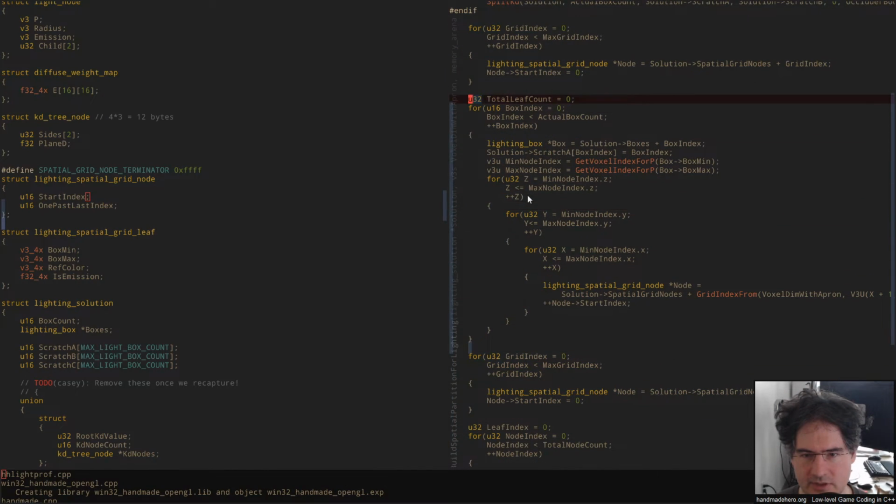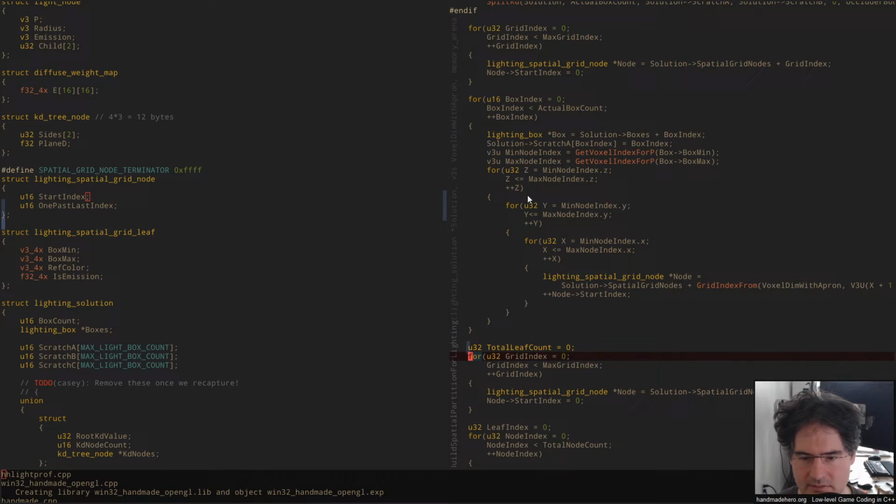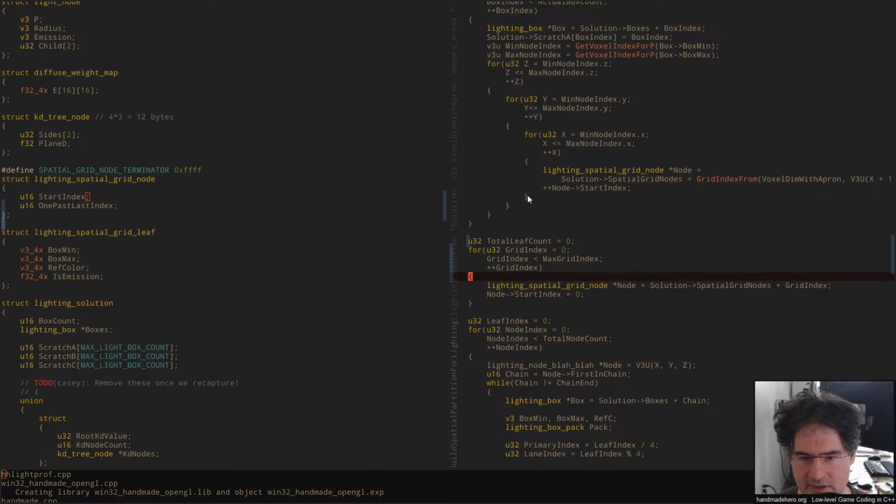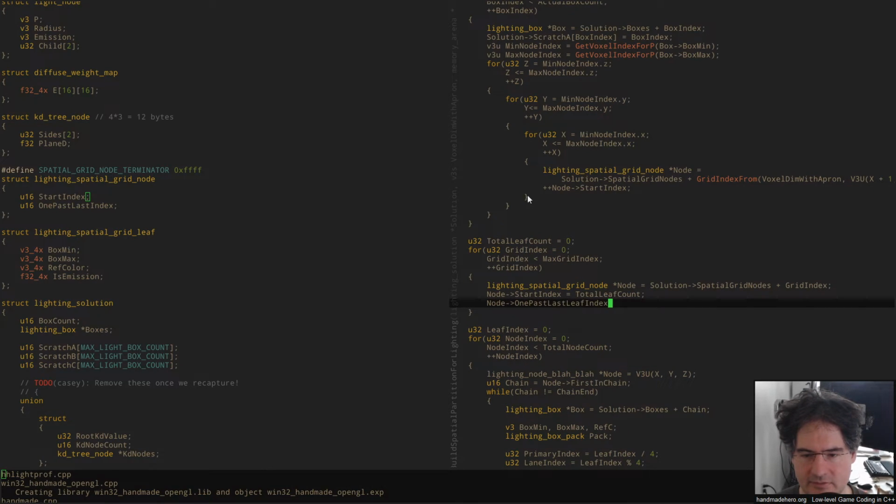When we're done counting, assign all of these in series. So we just go to each of these and say, we've got a total leaf count here. We go through and we say, for any particular node, the start index is the total leaf count, and the one past last leaf index is the total leaf count plus the start index. Obviously, we have to do those in the opposite order.